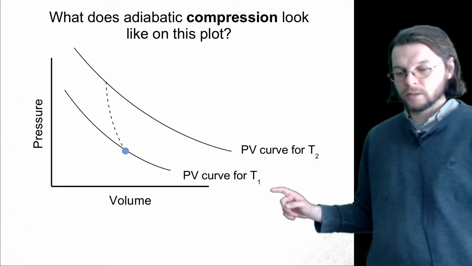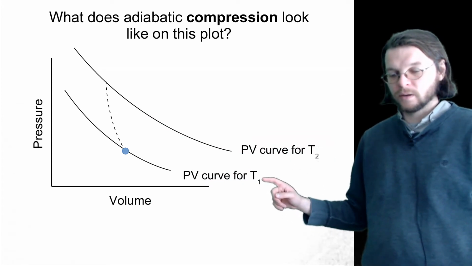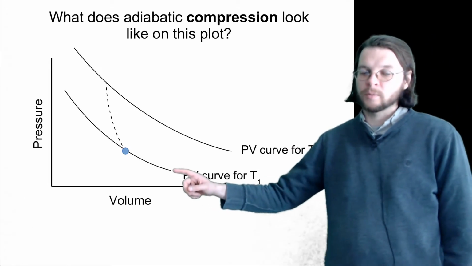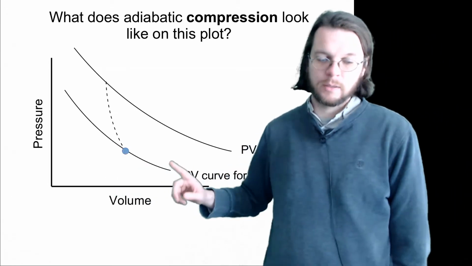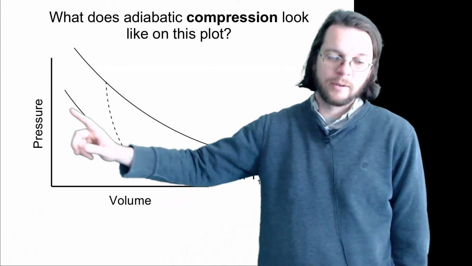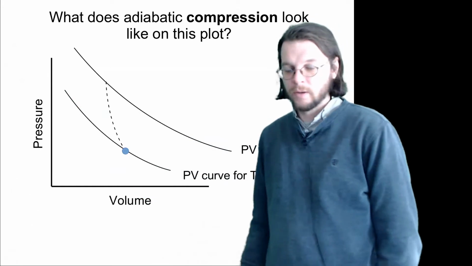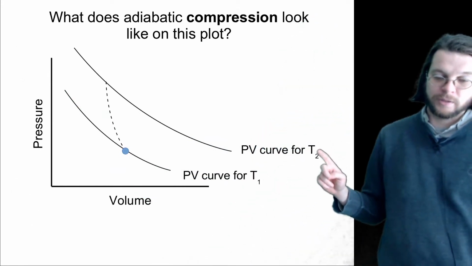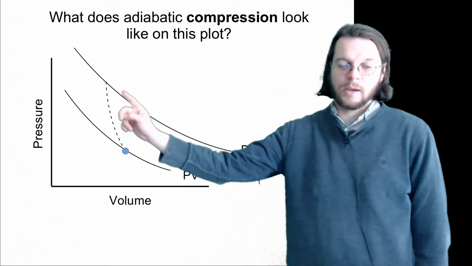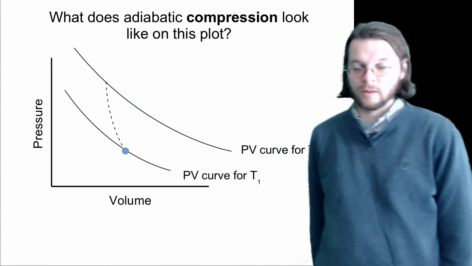Everything of temperature T1, if it's an isothermal process, is going to stay on this line as you compress. Everything that starts at this temperature and stays at this temperature is going to start up here and stay on this line even as you compress the thing.